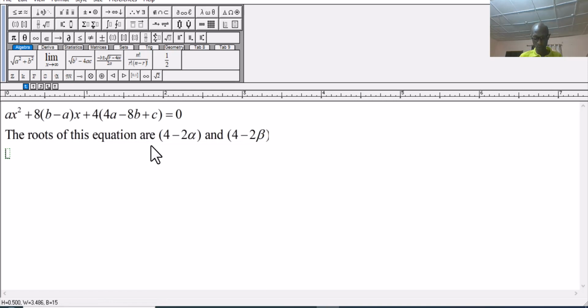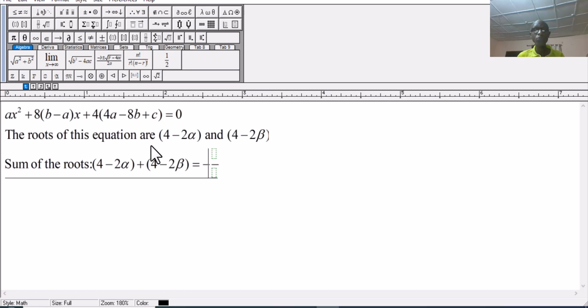So we need to find the sum of the roots. The sum of the roots will be 4 minus 2 alpha plus 4 minus 2 beta. So the sum of the roots for that will be minus 8 into b minus a over a. That's the sum of the roots.